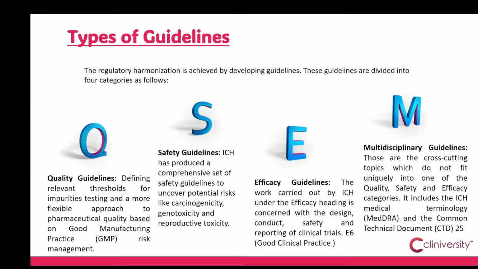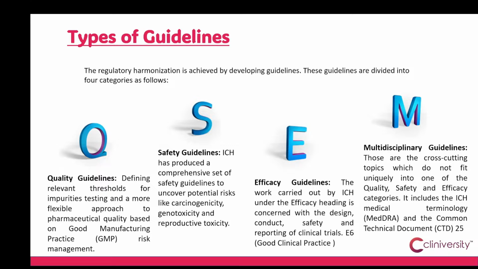Quality guidelines define relevant thresholds for impurities, testing, and a more flexible approach to pharmaceutical quality based on GMP, good manufacturing practice. Most of our drug discovery people should follow the quality guidelines.